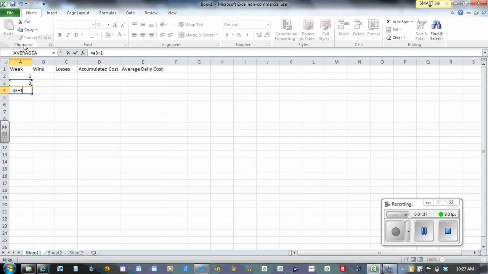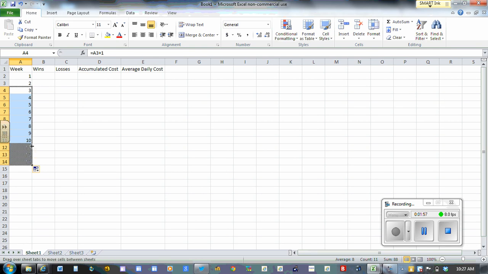We're going to add 1 to that. That gives us the next week, which is 3. By highlighting that cell A4 and moving into the corner, you can see how the cursor changes its style. We can click and drag to produce any particular set of numbers we want. Now I'm going to reproduce the table we had in class by ending at week 10.